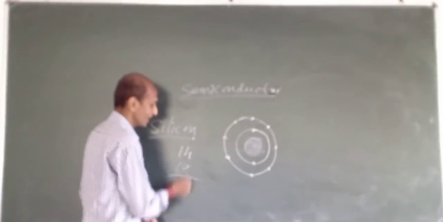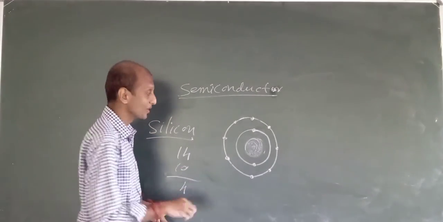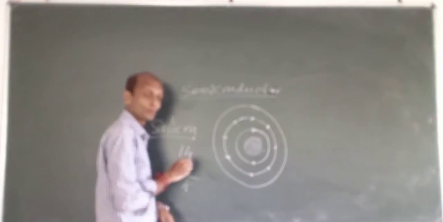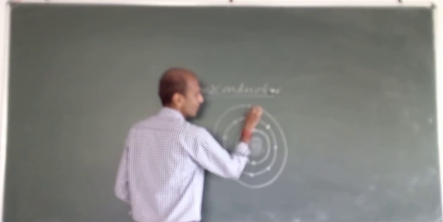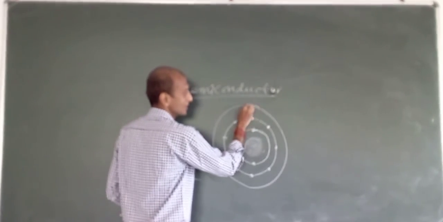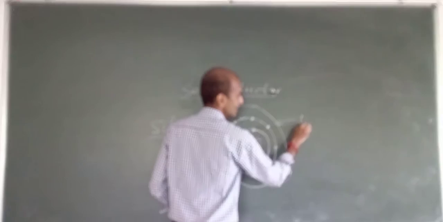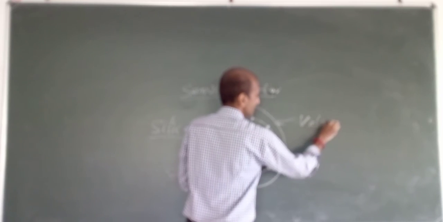Now the remaining electrons will be 4. So the outermost orbit, what do we call this orbit now? This is the valence orbit.